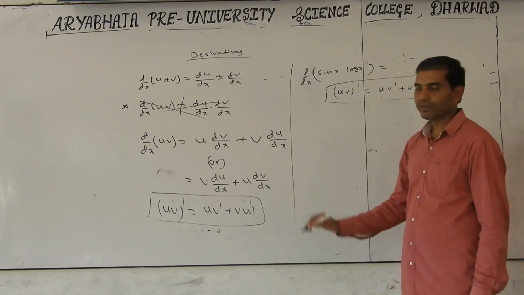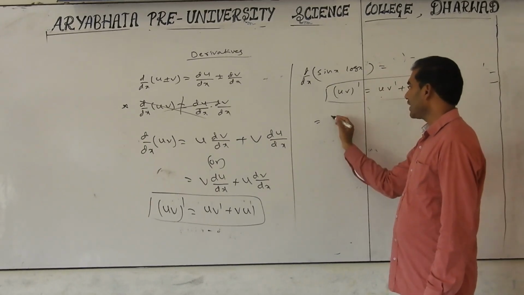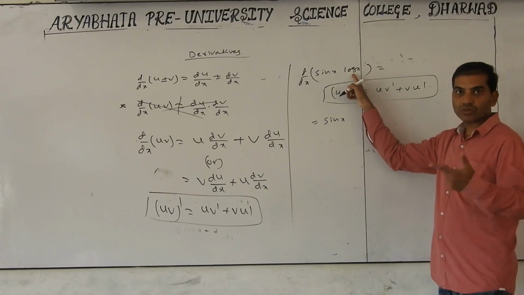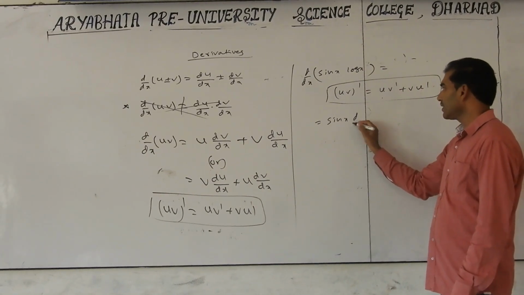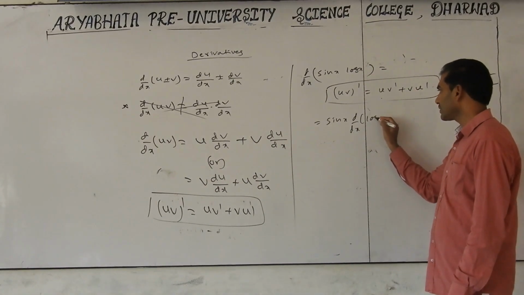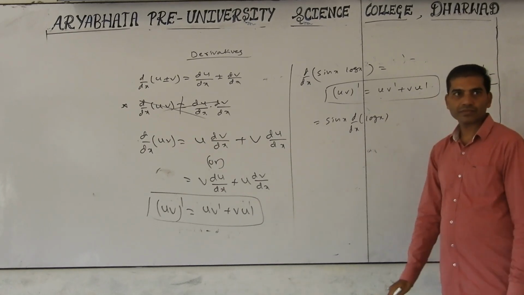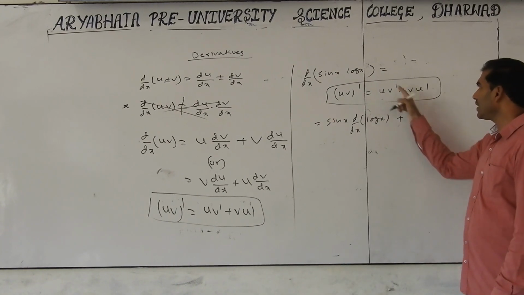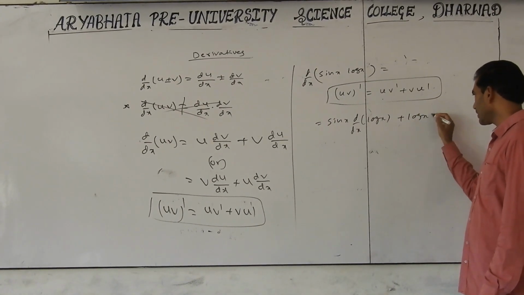Use this formula. u is sin x, v dash is (log x) whole dash, which can be written as d by dx of log x, and v is log x.